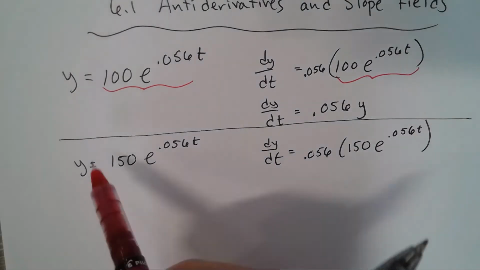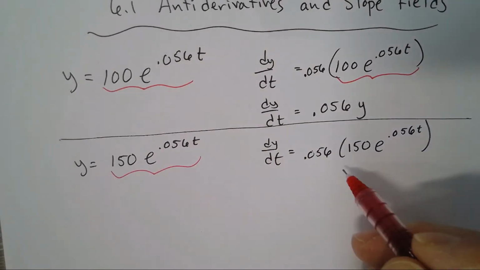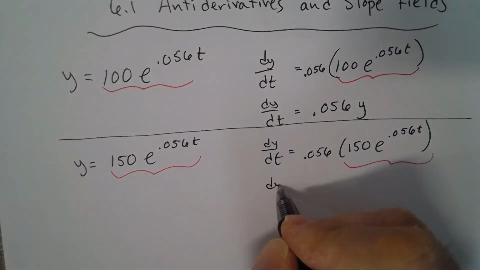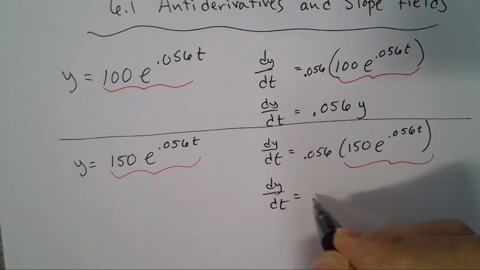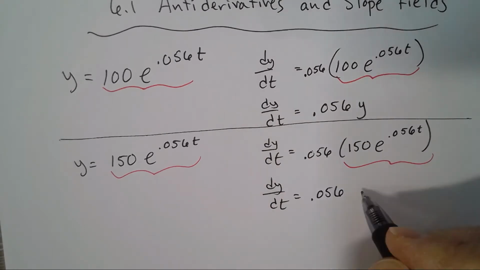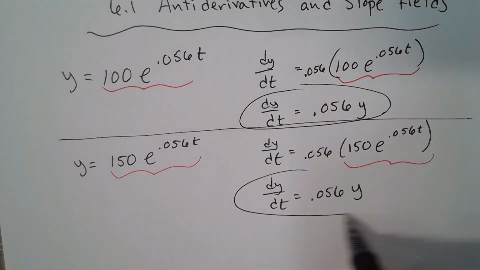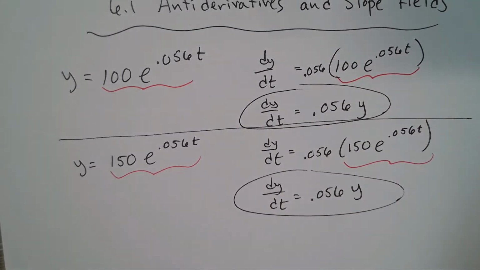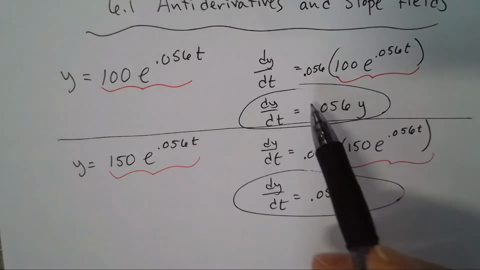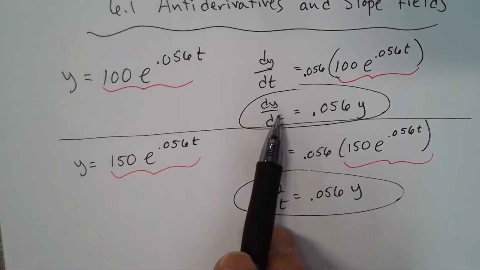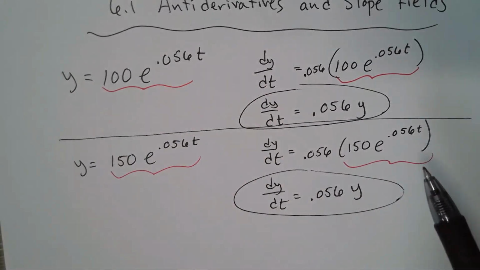And if this is y, then that also is y. So we have dy dt equals 0.056 times y. So we notice that these two differential equations are the same differential equation. It's a differential equation if it's a derivative equals something, dy dt, unlike y equals.